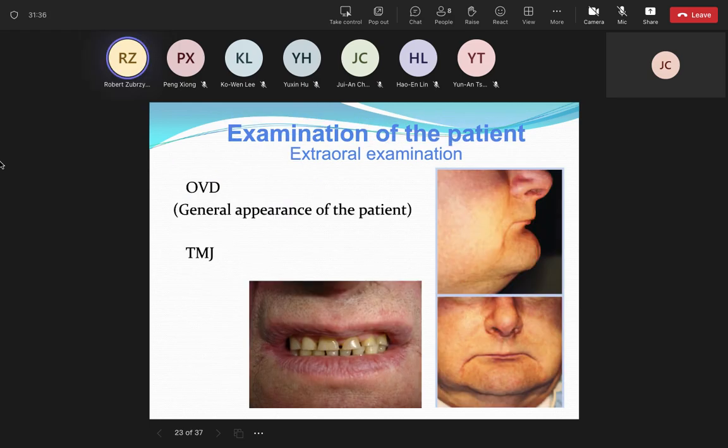Yeah, and we have OVD, general appearance of the patient, TMG. So in the middle of this picture, we see that the patient has bad abrasion, and on the right you see that our OVD is too low, yeah, because we need to increase it.